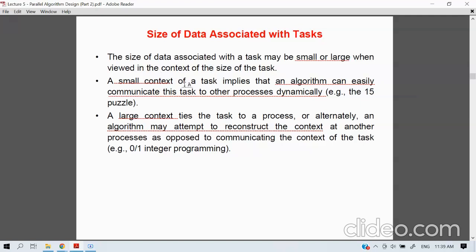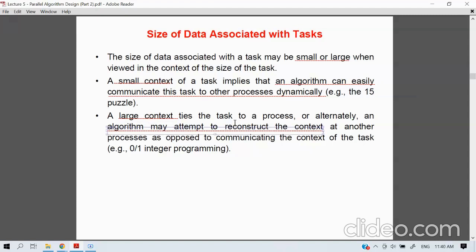So a small context of a task implies that an algorithm can easily communicate. Yes, of course, when we decompose a smaller task or small data, it's easier for the algorithm to process or to communicate between the tasks. And if we use a large size of data in the task that we have decomposed, it may be quite difficult to communicate between the tasks because it needs more time to communicate.